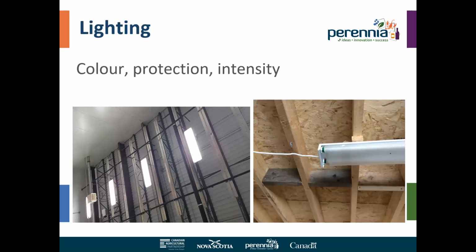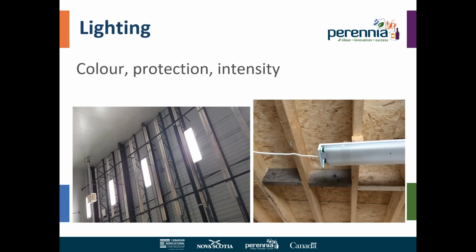When it comes to light, there are three things that are really important, and that is your color, protection, and intensity. So does the color allow for the true lighting and color of the product that you're looking at?